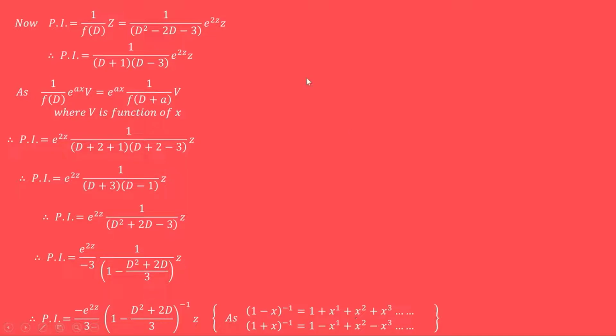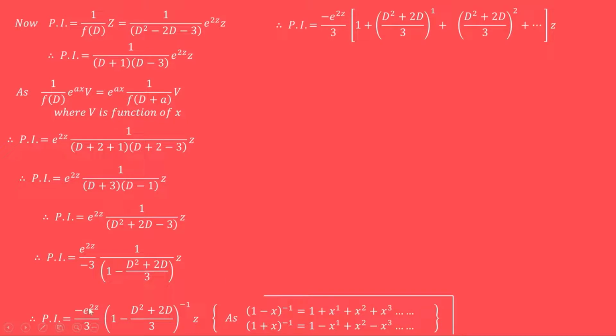So using this result, we get pi is equal to minus of e raised to 2z upon 3, 1 plus x, x means this term, (D square plus 2D) upon 3 bracket raised to 1, then x square, so we get (D square plus 2D) upon 3 bracket square, and continue in this way, and lastly outside z.